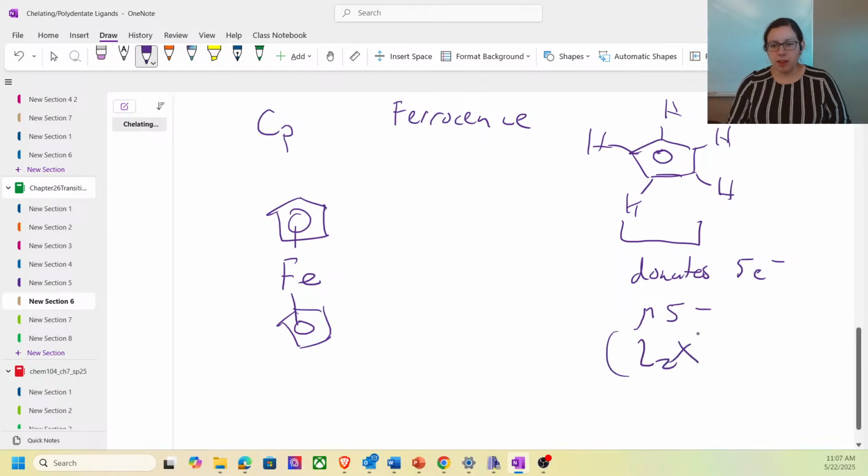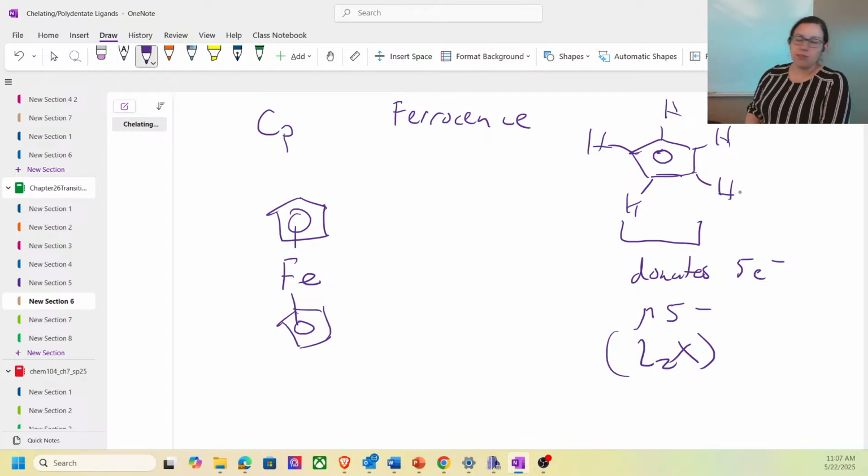This is, again, beyond the scope of this course, but this is known as an L2X ligand. That's how you get to 5 electrons, since L is 2 and X is 1. So it's a mixed type. Like I said, this is more advanced; you'll just see that classification. So how do you define a coordination position?